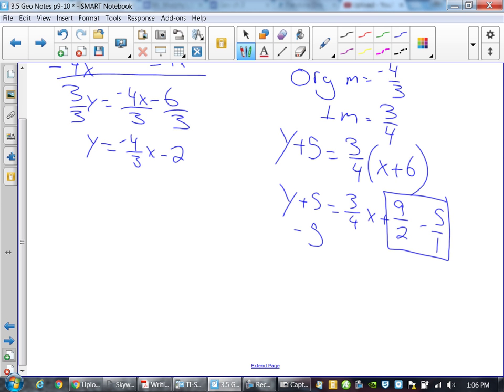So what I would do is rewrite this as 9 halves minus 10 halves. Since they have a common denominator, what's 9 minus 10? -1. Y equals 3/4 x minus a half.